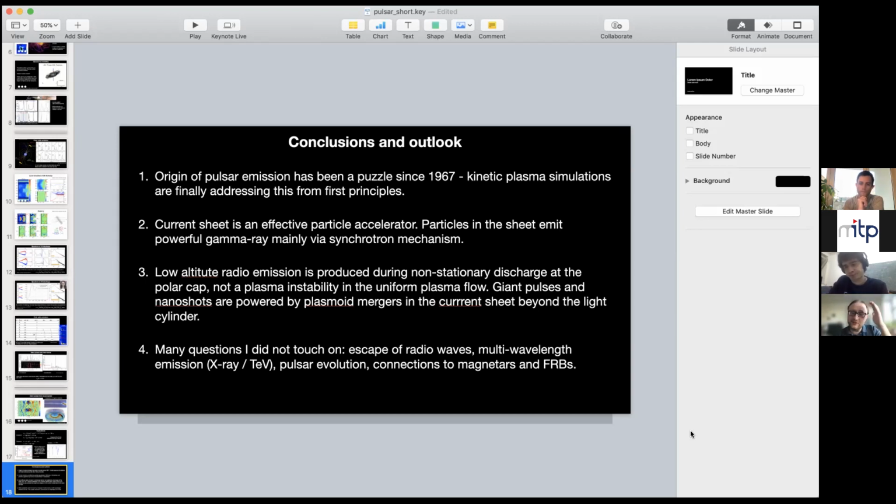The polarization problem is also interesting, and I worked a bit on that too. But basically, you can put constraints on how much density you have in the magnetosphere by not overproducing these effects of how the emission couples with the plasma, because observations do point to some moderate degree of this interaction.